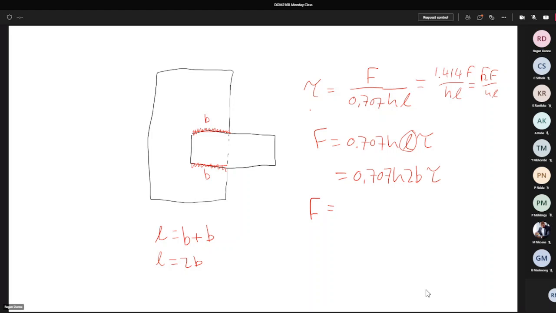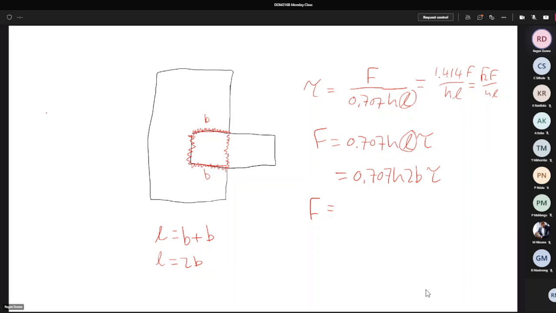Okay, we need the length. What is the length? Well, it's welded all the way around and underneath. So what is the total length of this? What is my perimeter?